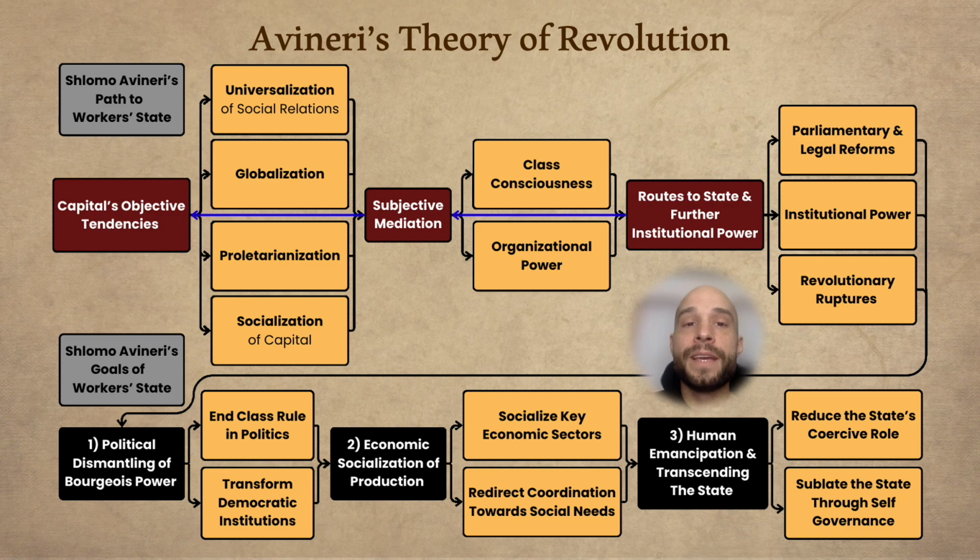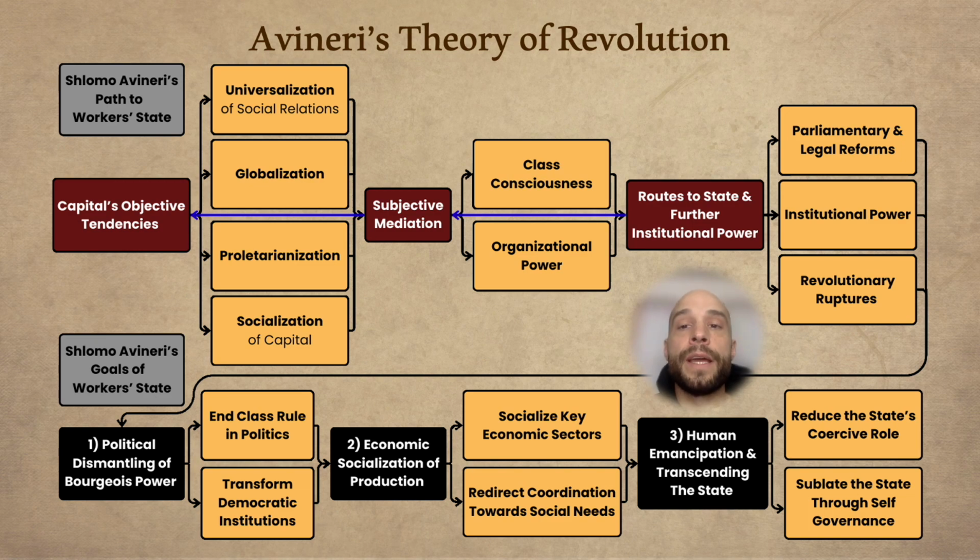Like a good materialist, Avineri begins with capital's already existing material reality, or what's called capital's objective tendency. This gives rise to a subjective socialist consciousness that turns back and mediates capital, and this dialectic opens up pathways to state power and deep socialist institutional power. Once the workers have achieved this, once we control the state, there are three moments or goals to overcome both capital and the centralized state as something that stands over and above civil society.